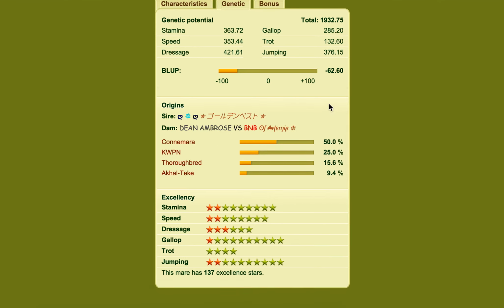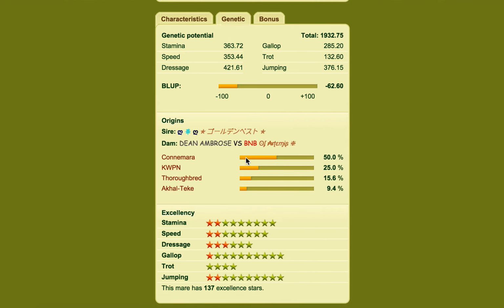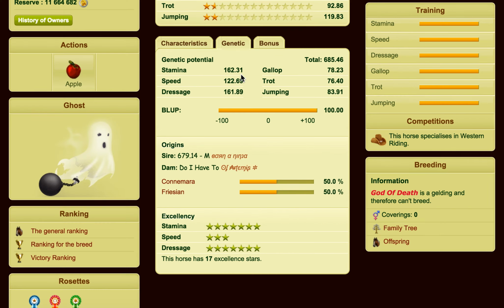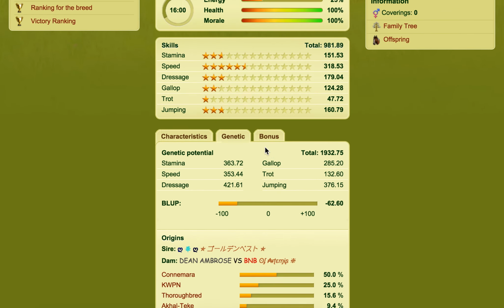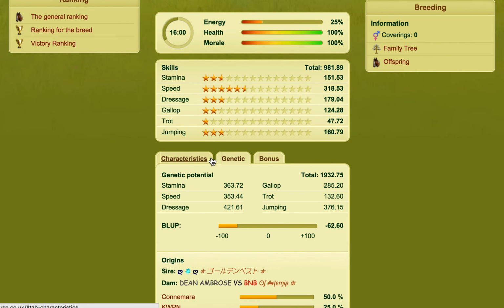So you can see with this one, it's got Connemara in it, it's got KWPN, it's got Thoroughbred, it's got Alcatiki, and it's got quite a large variety of skills. You can see that it's got stars in every aspect, whereas this crossbred only had stars in 3, but obviously it had lower GDP and all that as well. So these are the things that you want to be taking into consideration.